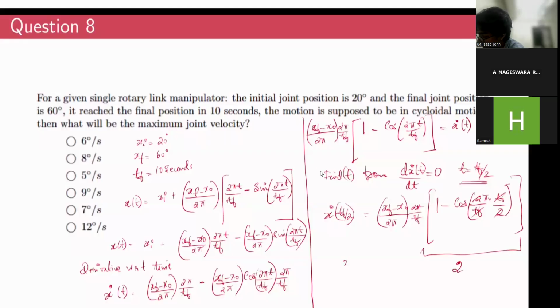So you'll end up with (xf minus x0) by 2 pi multiplied by 2 pi by tf multiplied by 2. So this 2 and 2 will get cancelled. This pi and pi will get cancelled. In the end, you will end up with (xf minus x0) by tf. You'll also have one more 2 from here, I think.